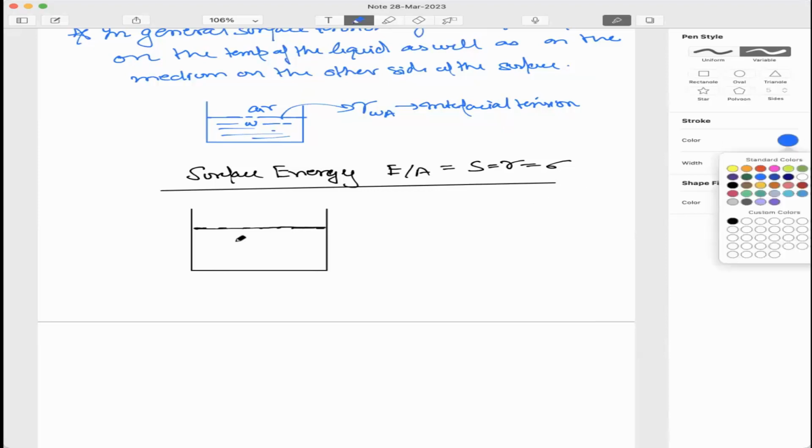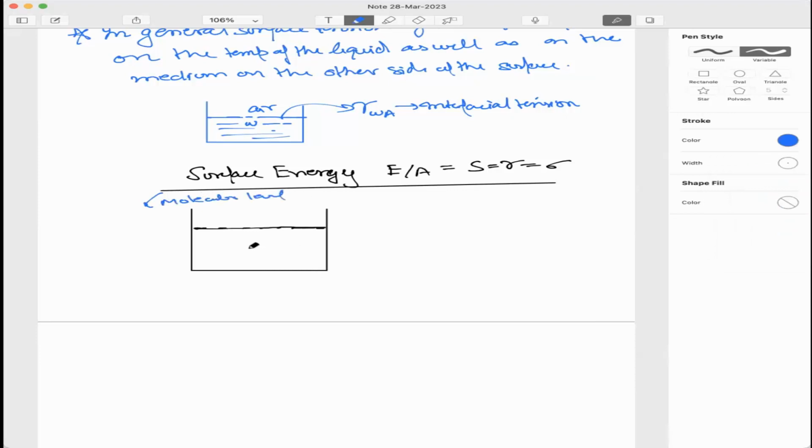Now, we need to go to the molecular level to understand this. There are a lot of water molecules. If you track this molecule, there is a cluster all around, so these forces cancel out each other.